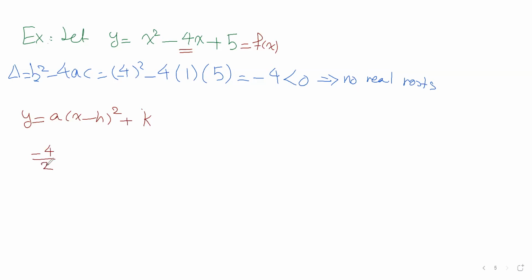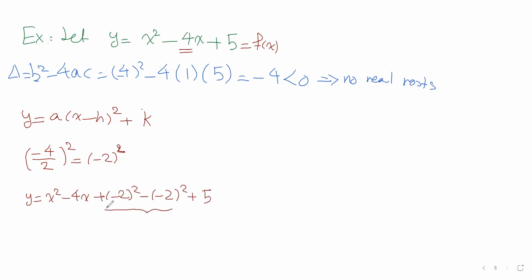You divide by 2 and then you square it. What do you get? You get -2 squared, right? Now I'm going to add this number and subtract this number from my function. Adding and subtracting means I haven't changed my function, right?